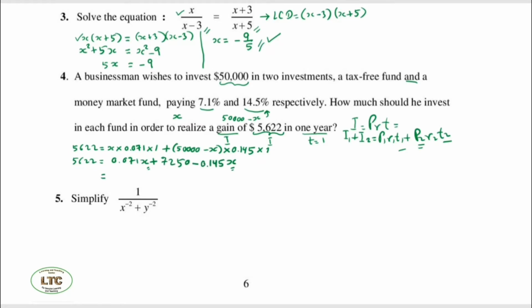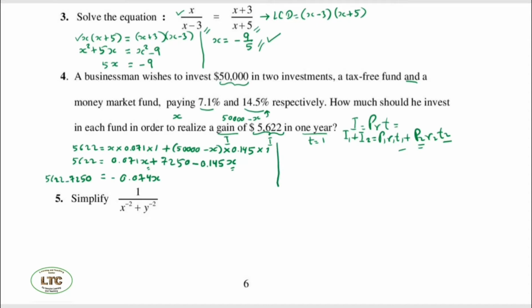So if you subtract 7,250 from both sides, you get on the left this one, and on the right 7,250 disappears, and 0.071 minus 0.145. 0.071 minus 0.145 is equal to negative 0.074x.